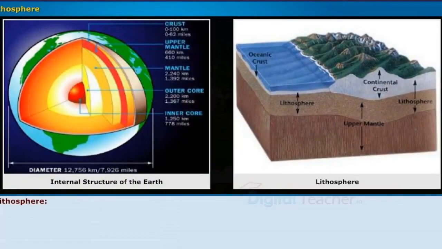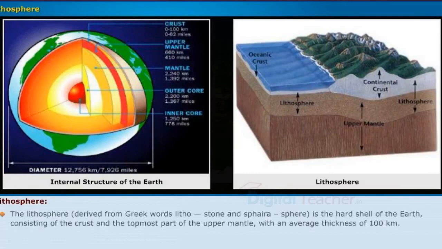Let us first have a brief introduction of lithosphere. The lithosphere, derived from Greek words litho, stone, and spira, sphere, is the hard shell of the Earth consisting of the crust and the topmost part of the upper mantle with an average thickness of 100 kilometers.